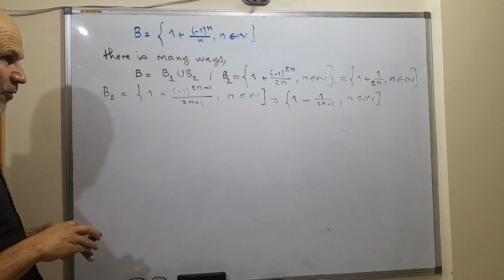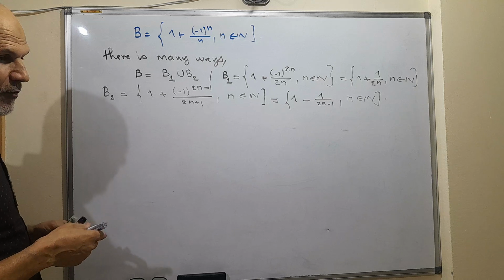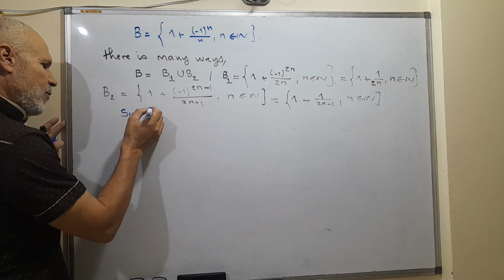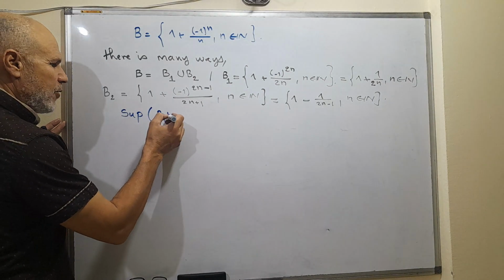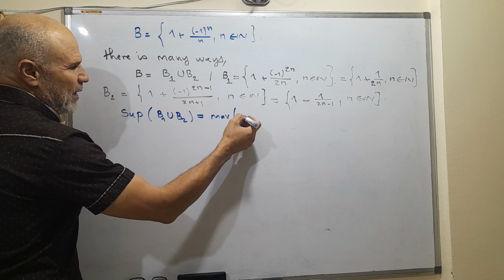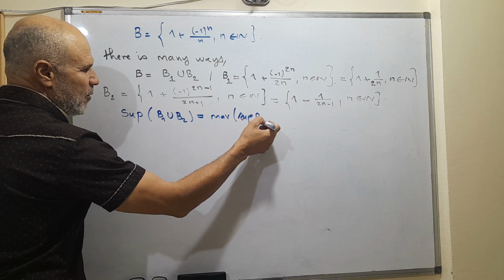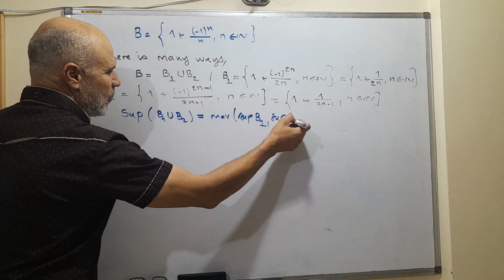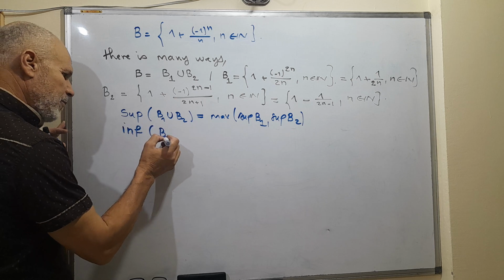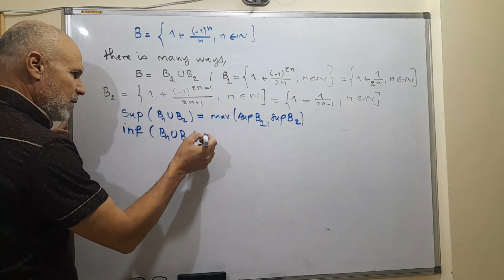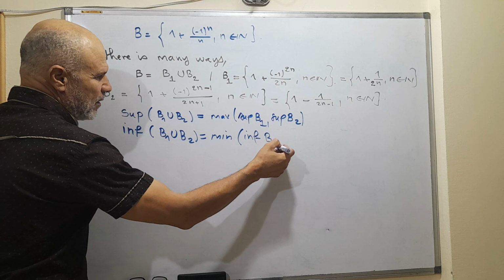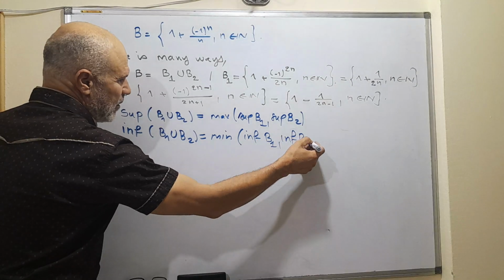We know from previous properties, or we are supposed to know, that the supremum of B1 union B2 is equal to the maximum between the supremum of B1 and the supremum of B2, and the infimum of B1 union B2 is equal to the minimum of the infimum of B1 and the infimum of B2.